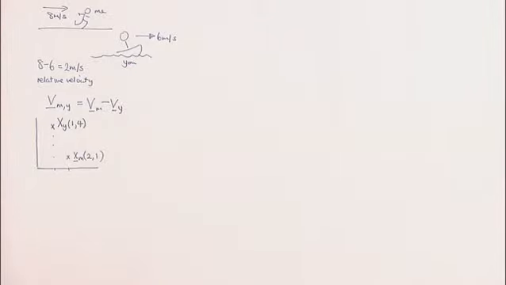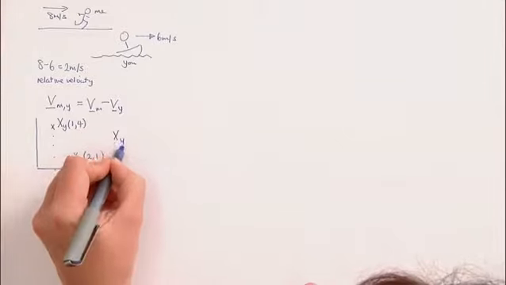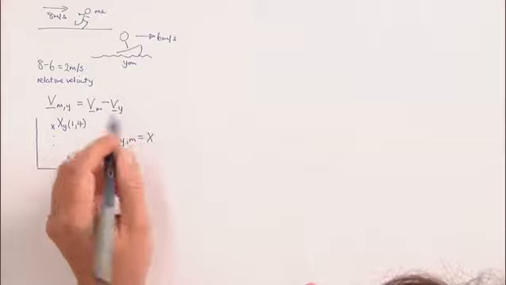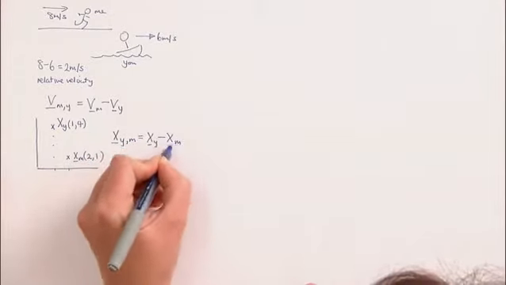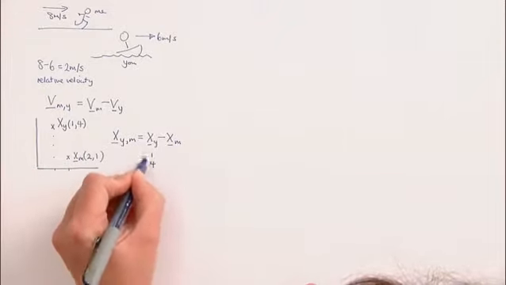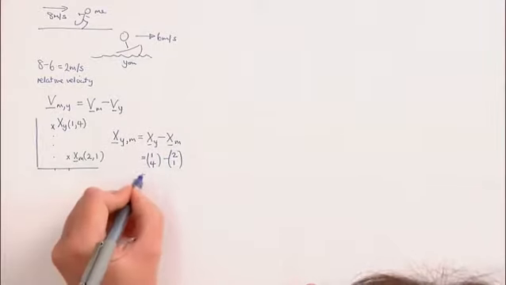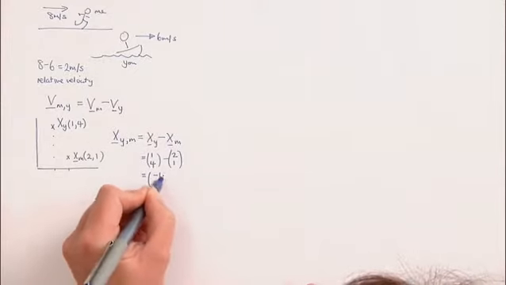Your displacement relative to me is equal to your displacement minus my displacement, and that's equal to (1, 4) minus (2, 1), which is equal to (-1, 3).